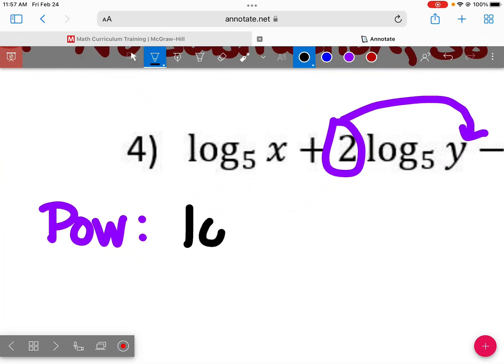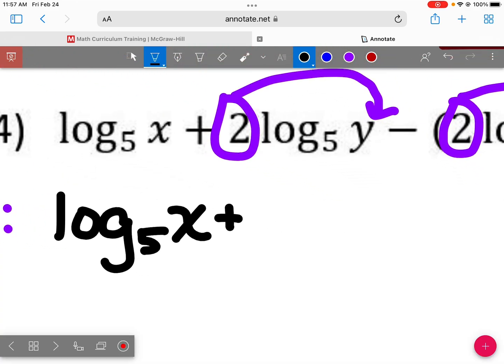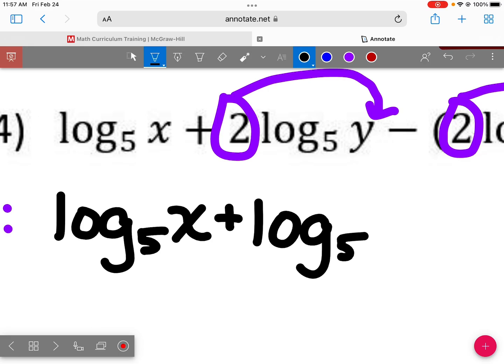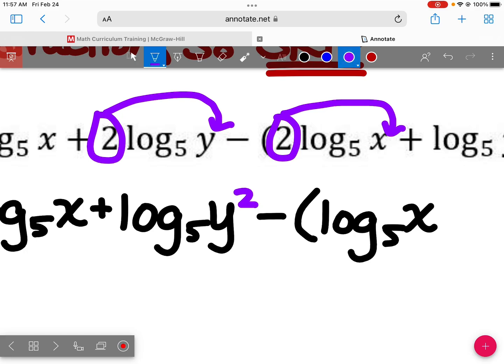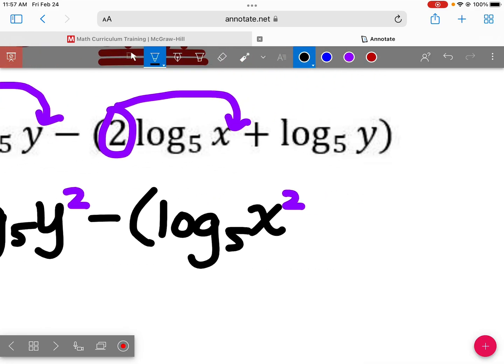All right, so I have log base 5 of x, y squared, log base 5 of y squared, minus, and then we have parentheses, log base 5 of x squared plus log base 5 of y.